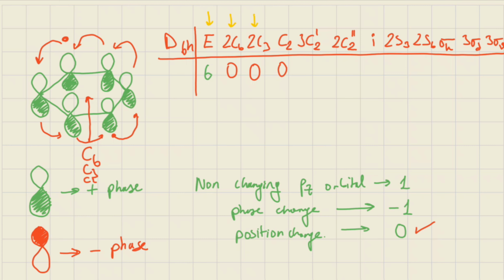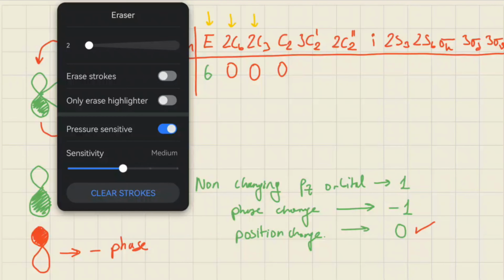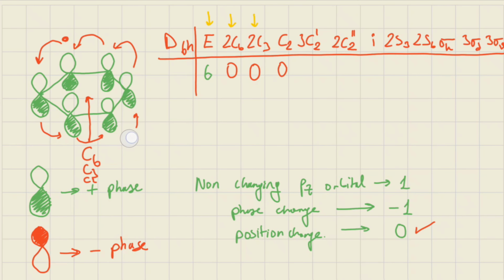And C2 prime, maybe I should clean this part a little bit. So C2 prime passes from here, one of them. I can look at only one of them, so this is C2 prime.